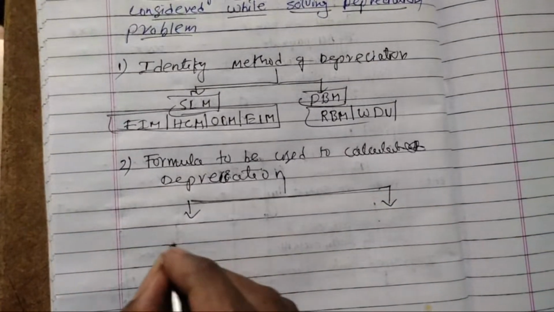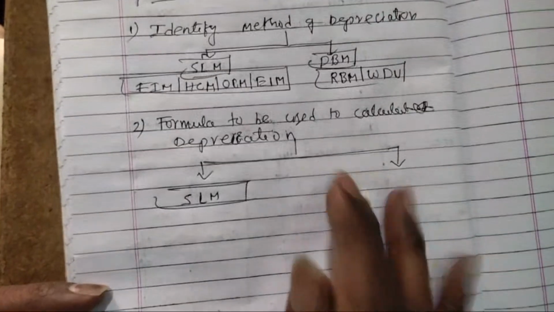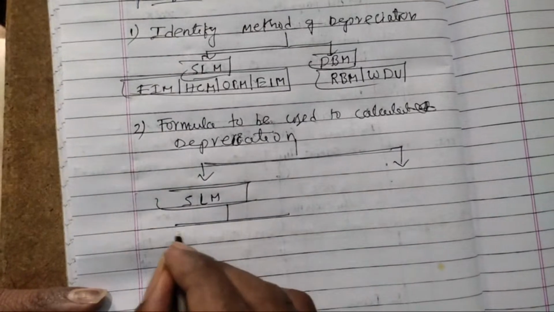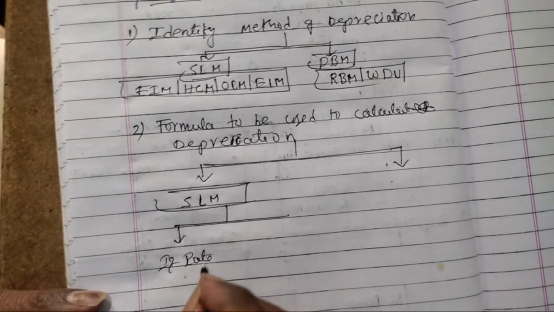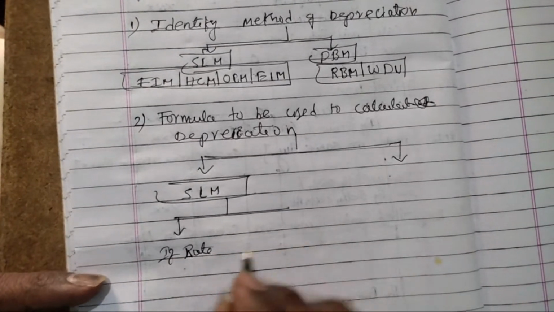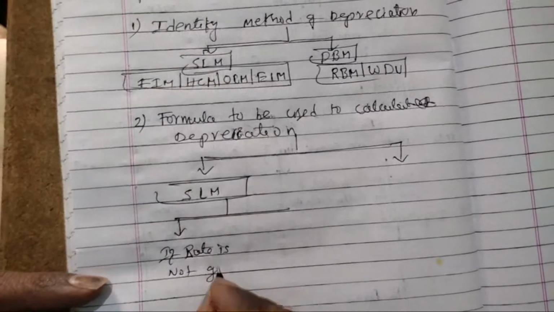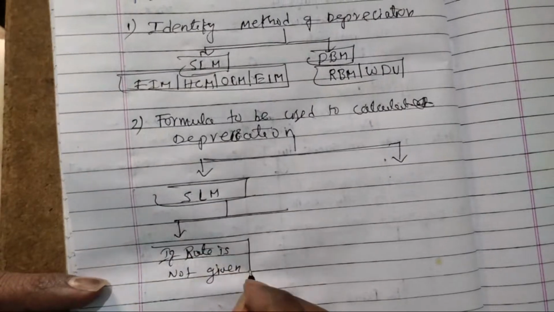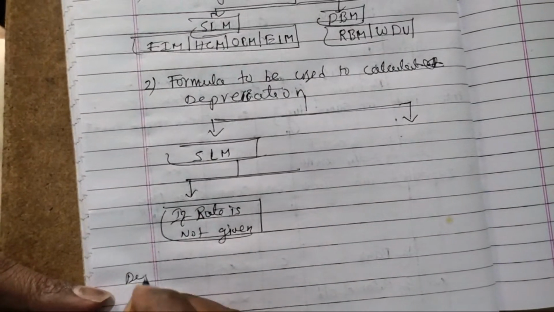Okay, first straight line method, there are two ways. If depreciation rate is not given, what you will do?